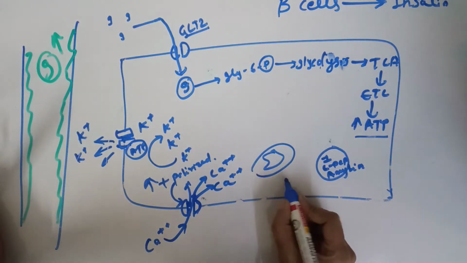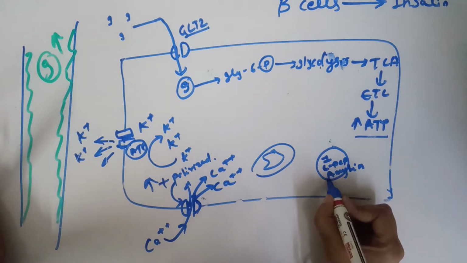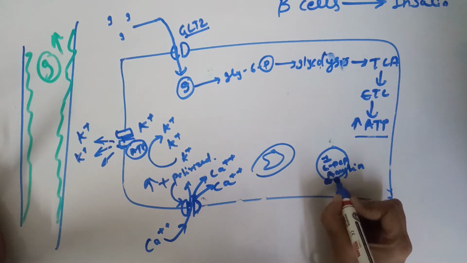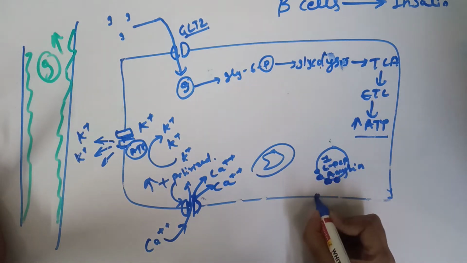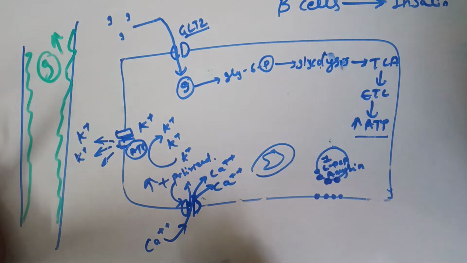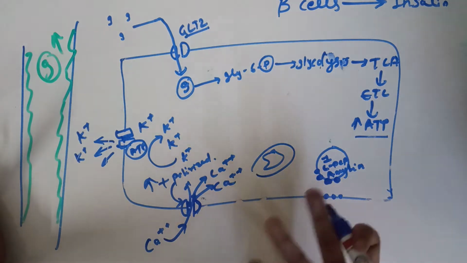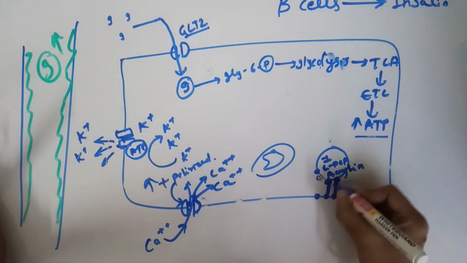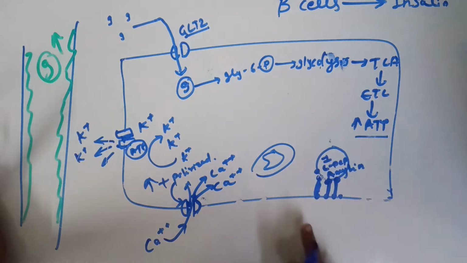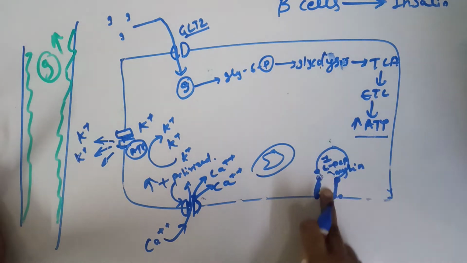It stimulates the synaptic proteins. What are synaptic proteins? The synaptic proteins are on vesicles plus your beta cell membrane. When these synaptic proteins are activated, what do they do? They fuse with each other, and because of this fusion, what happens, guys?